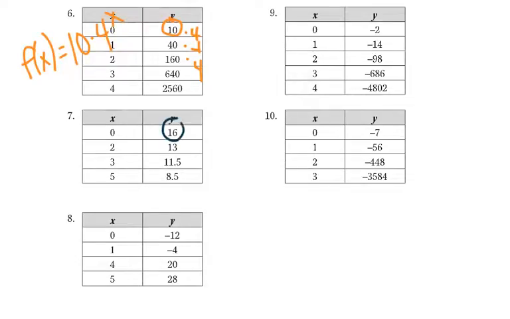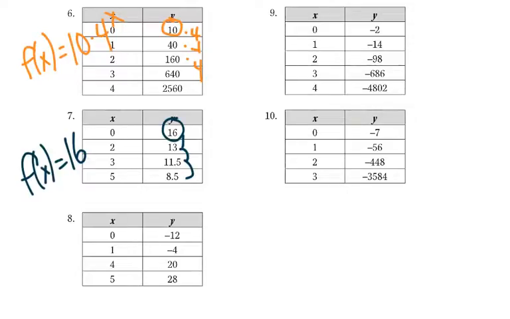Number 7, start number, so f of x equals 16. Then down to 13, then down to 11.5, then 8.5. This one's going to be a little trickier, isn't it? I suspect we're multiplying by something. So you grab a calculator, and we go 13 divided by 16.